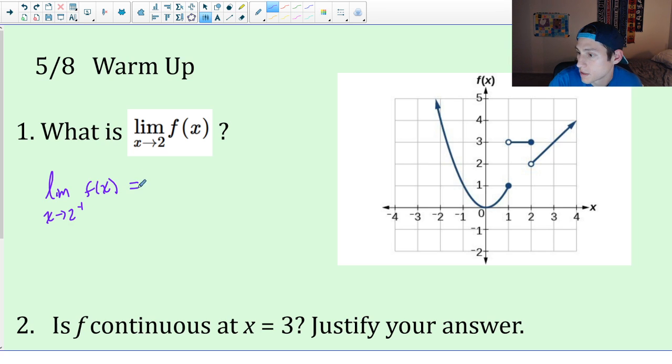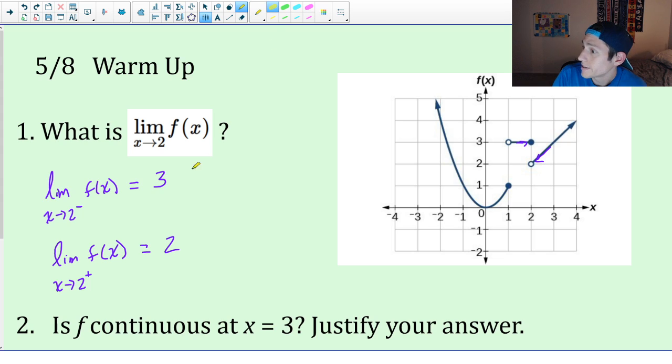So as we approach from the left, so we put that little minus sign there at 2, this would be equal to 3. As we approach from the right, so we put the little plus sign there to show that we're approaching from the right, that would be positive 2.